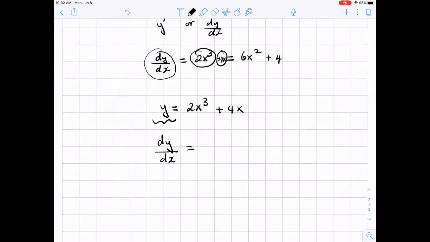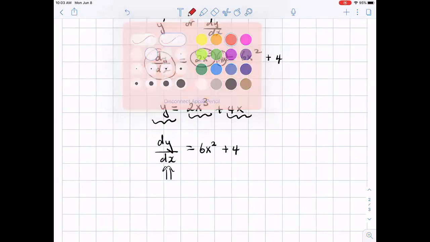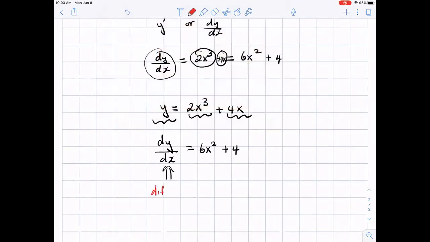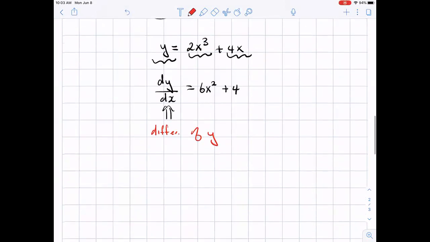And then the derivative of this here, because it's with respect to x, we don't need to write dx. So this becomes 6x squared. And the derivative of this here, since the variable is x, we don't need to write dx, it just becomes plus 4. So you have to understand that when you take the derivative of y, this here is the derivative of y. That's what it is.